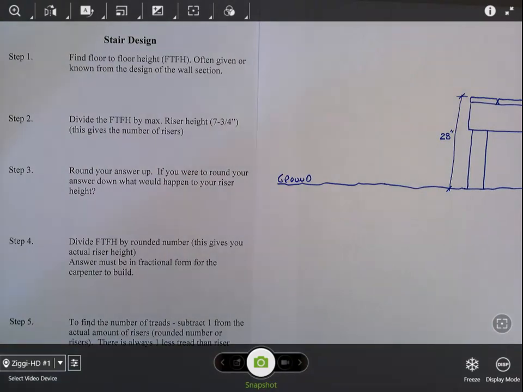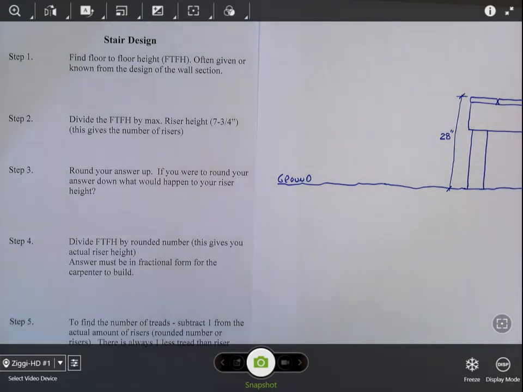So the very first step in finding those three items is to understand what the floor-to-floor height is. The floor-to-floor height, which I have abbreviated here FTFH, usually is going to be given. You're going to find that out from looking at your wall section, figuring out the distance from the first floor to the second floor, or in this example we're going to use a deck and the distance from the ground to the surface of the deck.